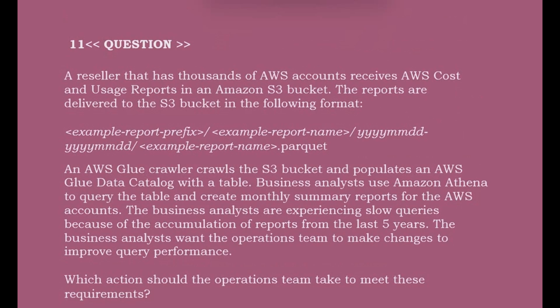Question is, a reseller that has thousands of AWS accounts receives AWS cost and usage reports in an Amazon S3 bucket. The reports are delivered to the S3 bucket in the following format.